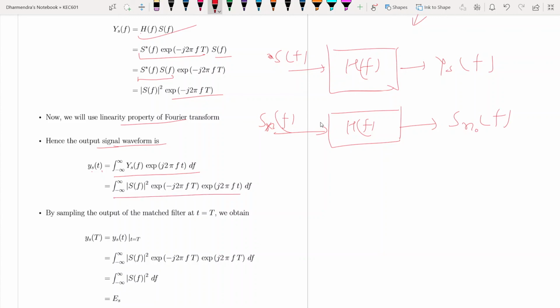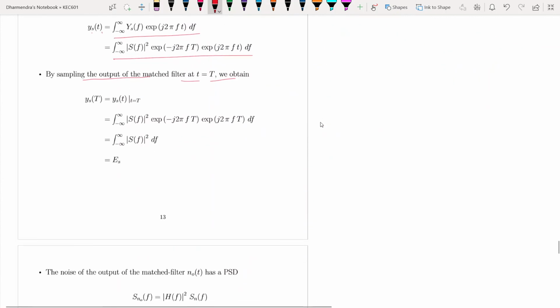I substitute this, and then I sample the output of the matched filter at time T to obtain this, and this is equal to the energy after simplification. This will cancel out. So this is equal to the energy in the frequency domain of this signal y_s of t.